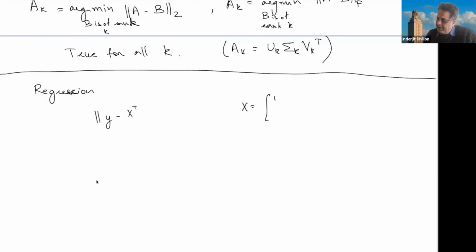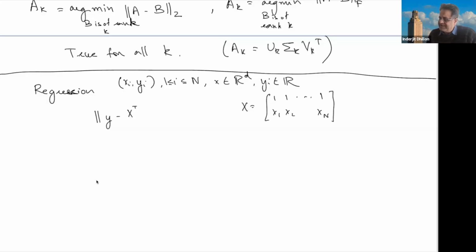We were assuming that we have capital N training data, so xi, yi, with i between 1 and capital N, where xi belongs to R^D and yi belongs to R. We can form the matrix X, and the regression problem is that we want to find coefficients W, a linear model, so that we find the best fit among all W's to the training data. Okay?